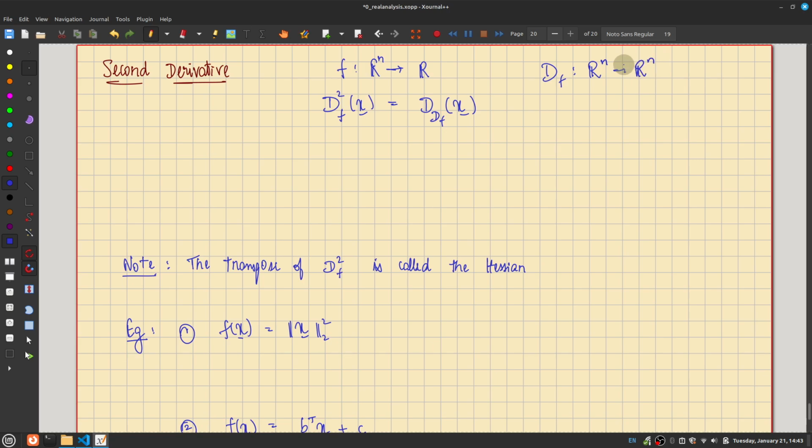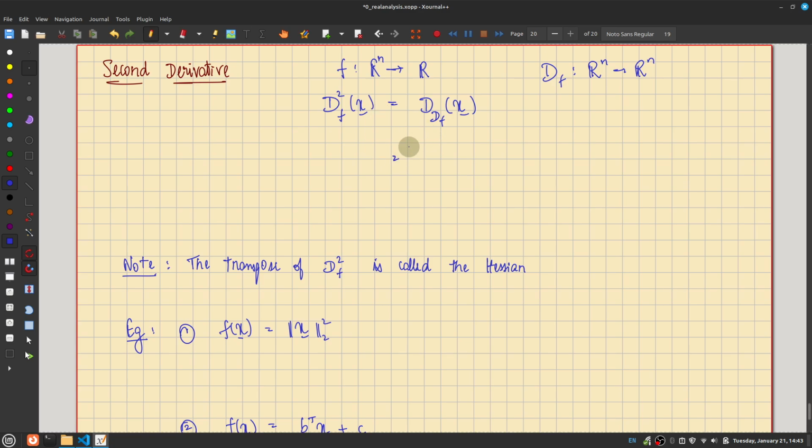Because for every vector x, I get another vector. It's a row vector, of course, but for every vector x, I get another vector, df of x. So what can you say about the derivative of the derivative? What should it be? It can be represented as an n by n matrix, right?